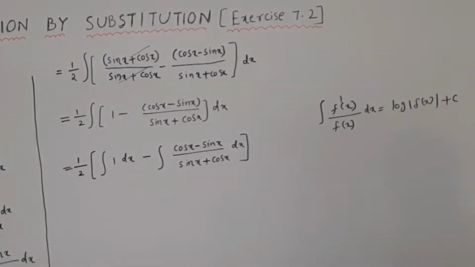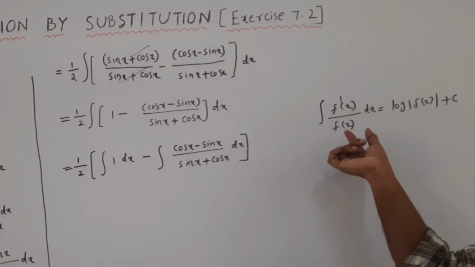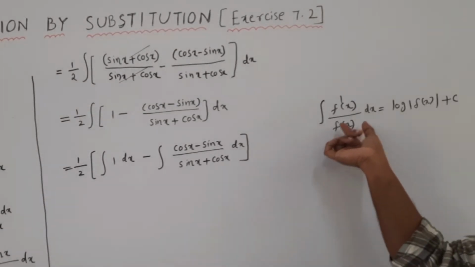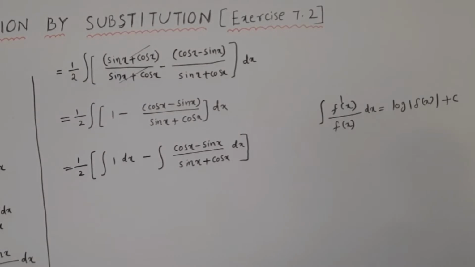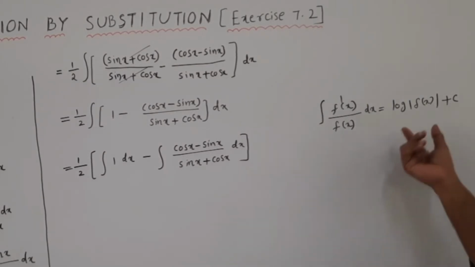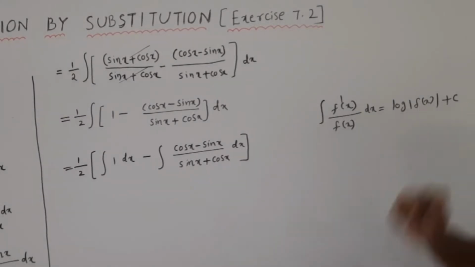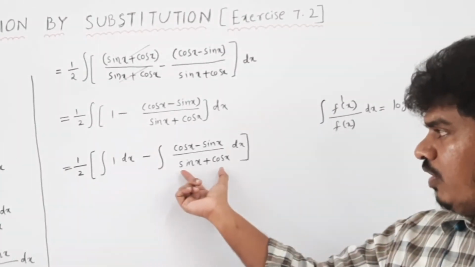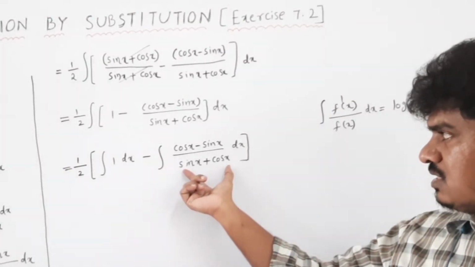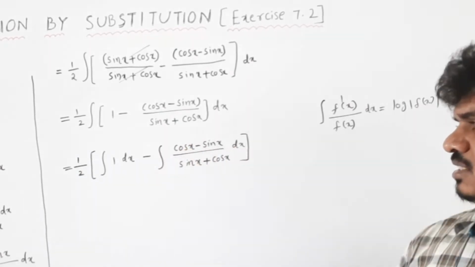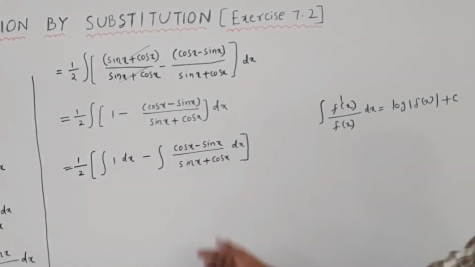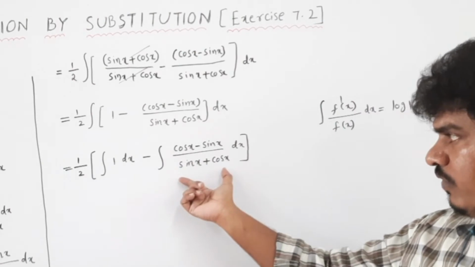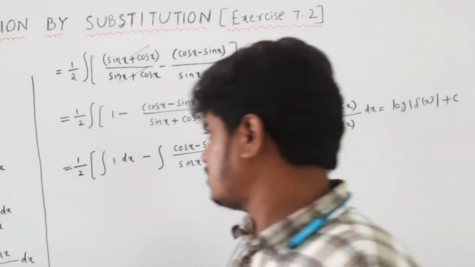Here the derivative of the denominator is the numerator. In this case the answer will be log of the denominator. The derivative of sin x plus cos x is cos x minus sin x. So the answer is log of sin x plus cos x.